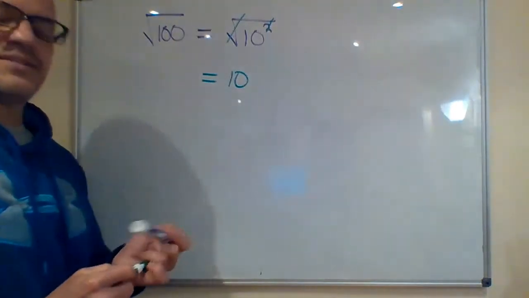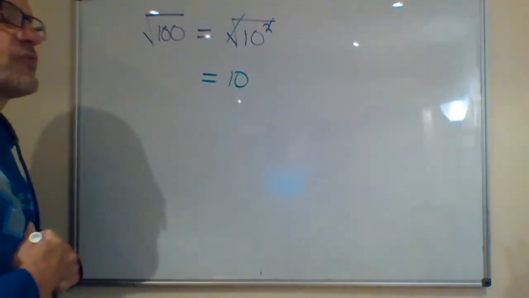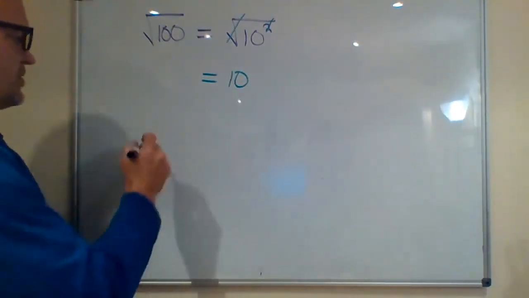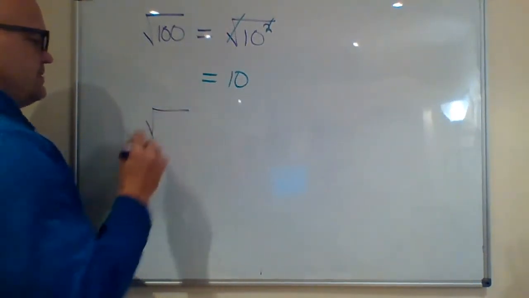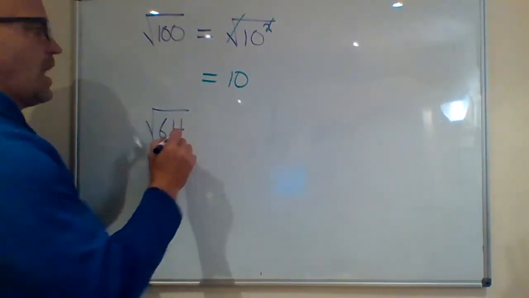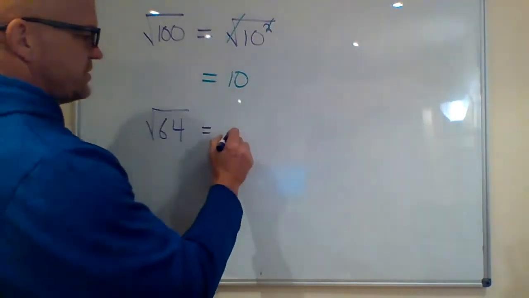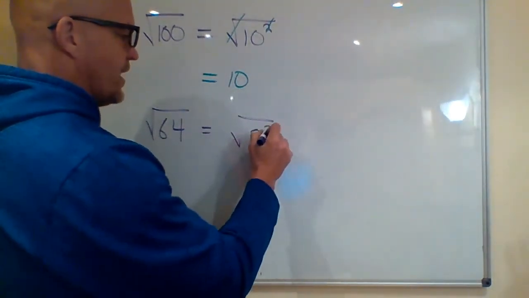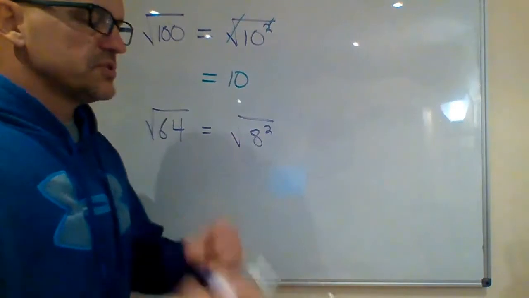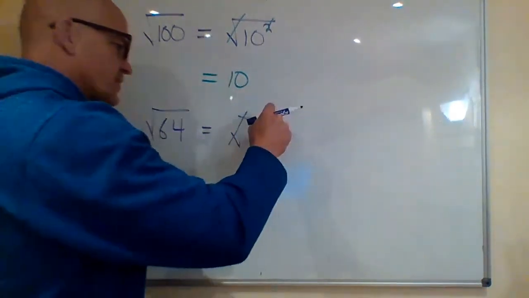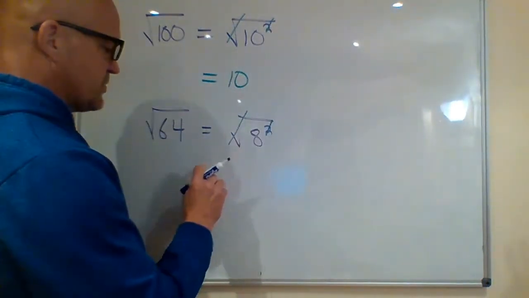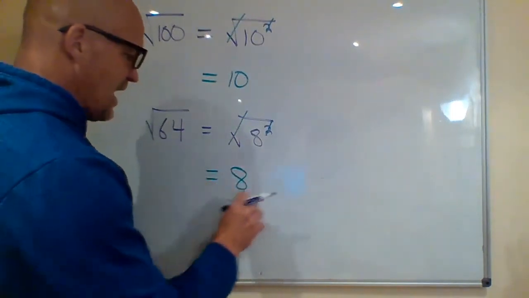And that can continue forever for every perfect square. So if we do the square root of, let's take 64, I know that the square root of 64 is the square root of 8 squared. And since roots and squares are inverse operations, that means the square root of 64 is indeed 8.